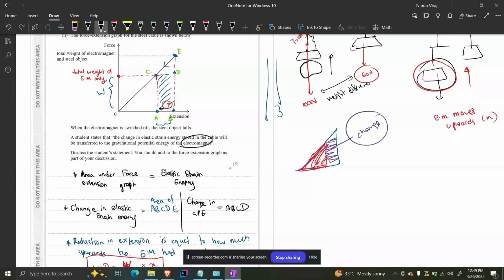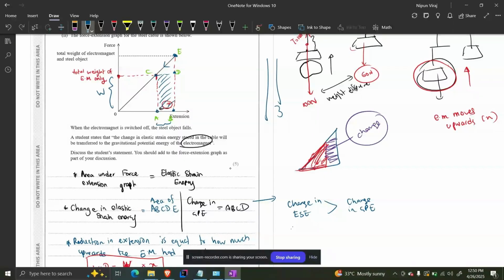Okay. The student says that the change in elastic strain energy stored in the cable will be transferred to the gravitational potential energy. It is not fully transferred, right? So that should be the conclusion. We can say the change in elastic strain energy is greater than the change in gravitational potential energy.